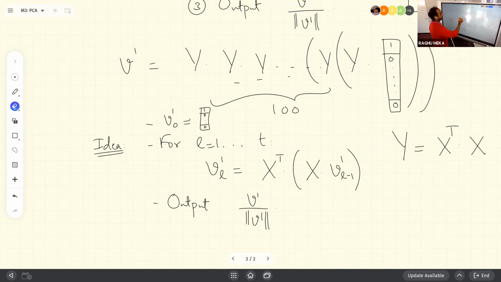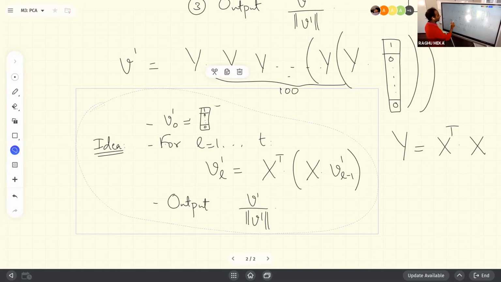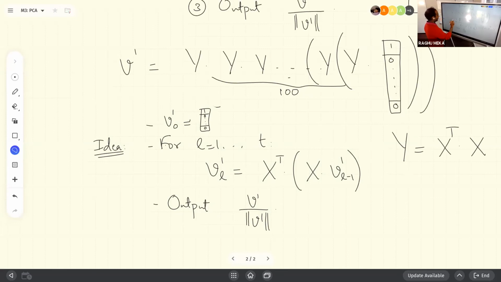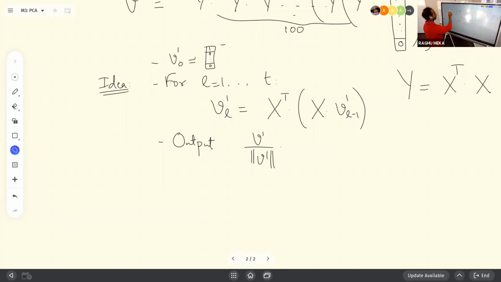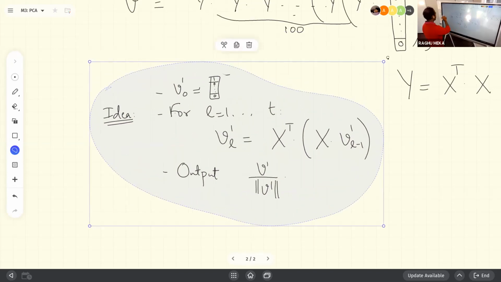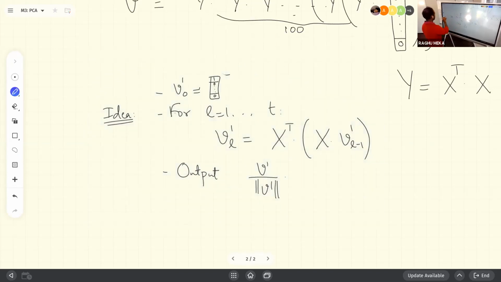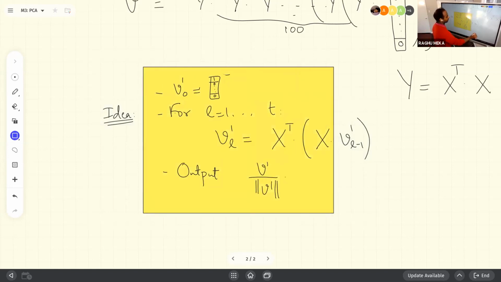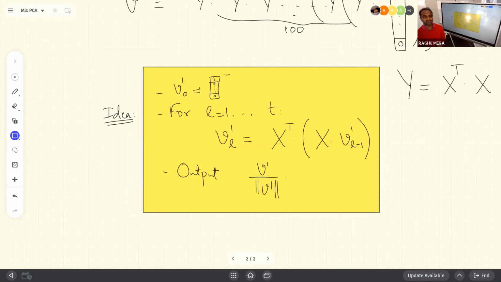So that's the power iteration algorithm. Okay, so let me move this up. Okay, so this is the power iteration algorithm, more or less.